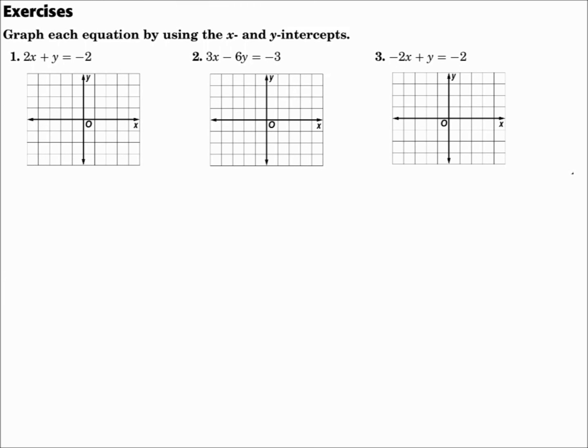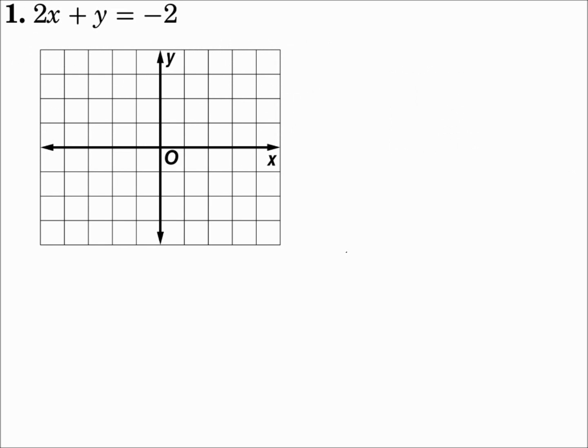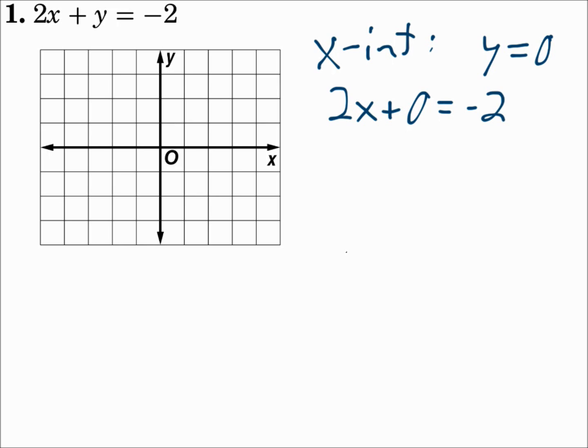Graph each equation by using the x and y intercepts. Number 1, 2x plus y equals negative 2. Well, for the x-intercept, remember it says to make y equals 0 and solve for x. So 2x plus, not y, put a 0, and that equals negative 2.